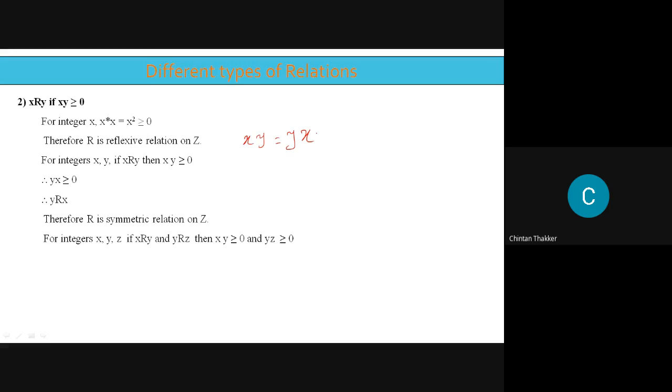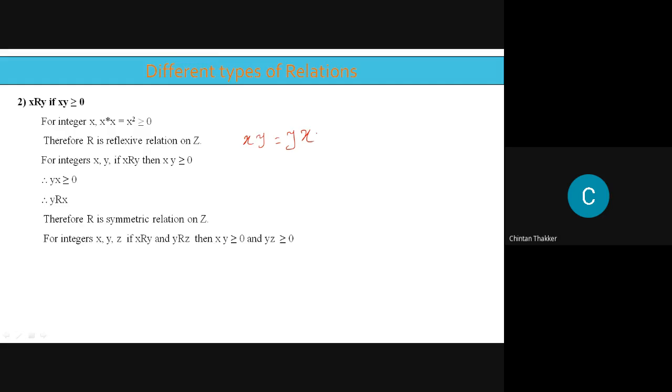Now, if we take three elements x, y, z, and x is related to y and y is related to z, then x into y is greater than or equal to 0 and y into z is greater than or equal to 0. Okay. So x into y greater than or equal to 0 means that x and y both have the same sign.